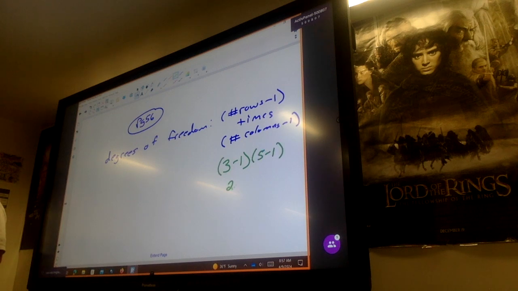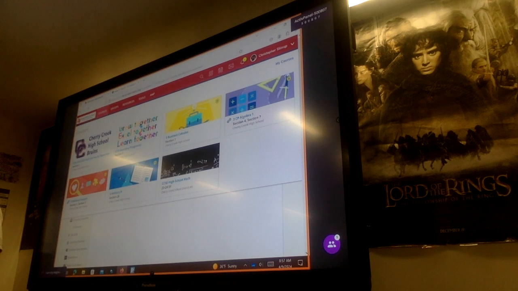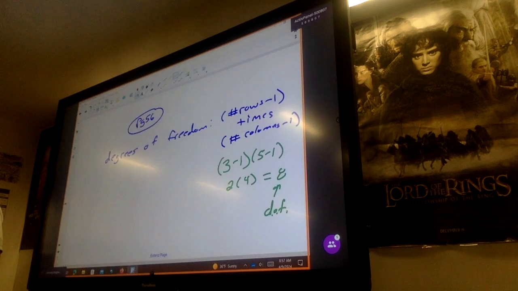So that's going to give me 2 times 4, so our degrees of freedom is going to be 8. All right. So I think we had done this. Let me go to stats. So we're just trying to find the degrees of freedom of the whole problem? Yeah, so it's the number of rows minus 1 times the number of columns minus 1. Oh, I got you. So 2 times 4 is 8.